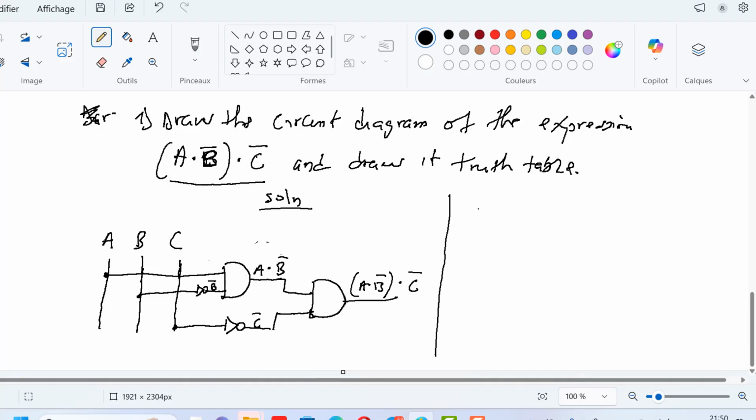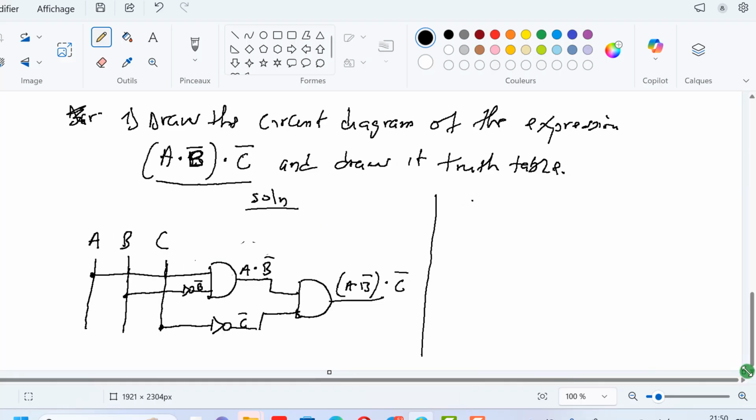So let me take the case of June 2024. I think, yes, 2024. You're having something like this. Let me just write that expression here, so that after that we can draw truth tables. So let me explain how to do so.